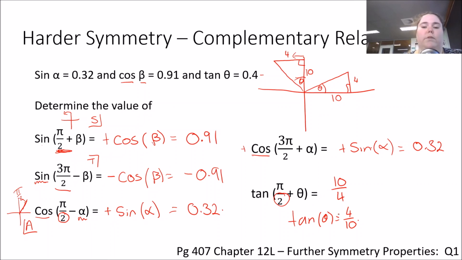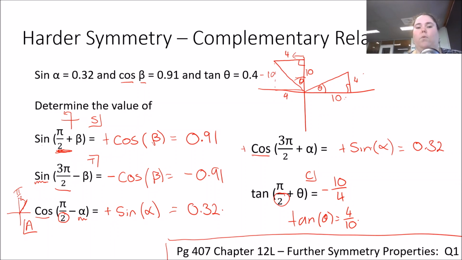If I redraw this triangle down here, what was my opposite is now my adjacent, and what was my adjacent is now my opposite. So I've flipped him, and because we're in the cos quadrant, it is negative. Alright, I know they're a bit harder to get in your head, but they're the chapter for these ones.